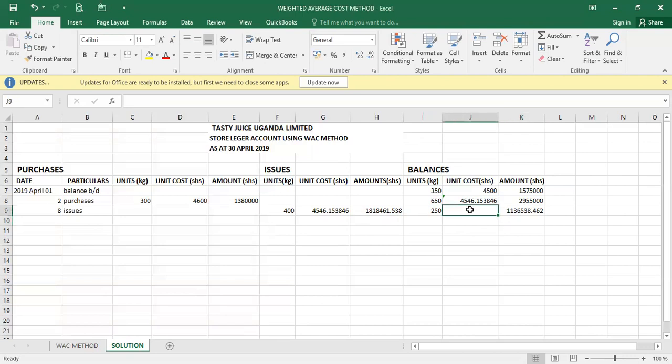So if you want to determine the unit cost per each, it will be equal sign this divided by this, and we get that. So if you happen to get any issue, we are not issuing it at this price, we are issuing at this one. That's the difference between those two.